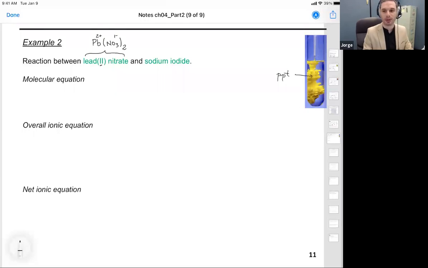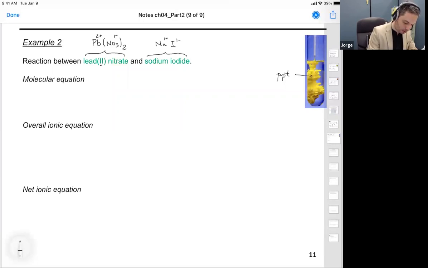This is Pb(NO3)2. And sodium iodide, this one you have to know, sodium 1+ and I 1-. Okay. So now let's react these two salts and see what happens.